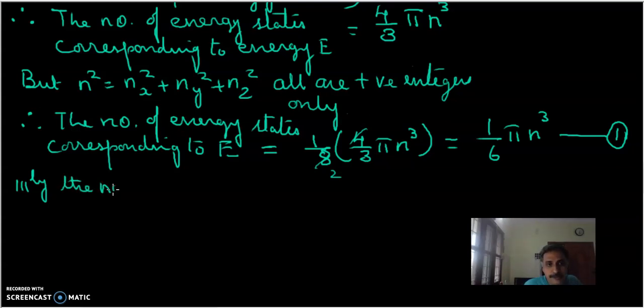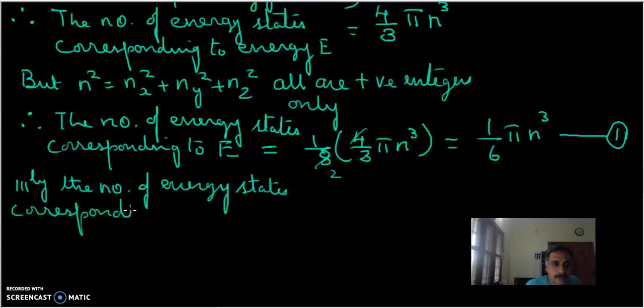Similarly, the number of energy states corresponding to E plus dE is equal to என்னவா இருக்கும்? ஒண்ணுமே இல்லை, இதே தான் இருக்கும். ஆனால் என்னுக்கு பதிலாக என்ன இருக்கும்? n plus dn ரேடியஸ் இல்லையா, அடுத்த ரேடியஸ். ஸோ அடுத்த ரேடியஸில் இருக்கிற சர்ஃபேஸ் நம்ம போட்டோம் இல்லையா, ஒரு ஸ்பியர் n plus dn ரேடியஸோட ஒரு ஸ்பியர் போட்டோம். அந்த ஸ்பியரில் இருக்கிற சர்ஃபேஸில் இருக்கிற எனர்ஜி E plus dE.